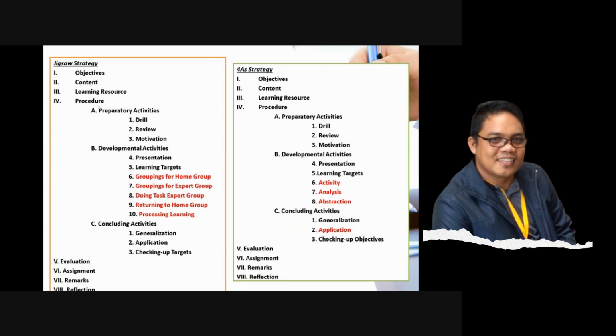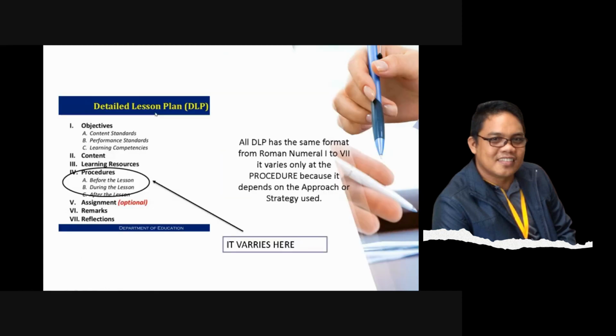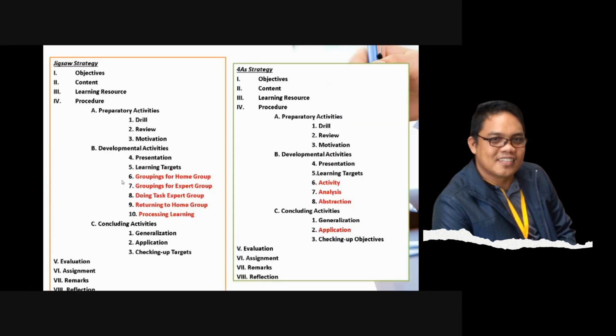Pero, the same pa rin, yung capital letter A is under preparatory activities, which sa DepEd order is yung before the lesson. Okay? Sa atin, letter B, developmental activities, sa DepEd order ito ay during the lesson. Yung concluding activities, sa DepEd order, ito yung after the lesson. As you can see, under the preparatory activities is the same. Drill, review, motivation.